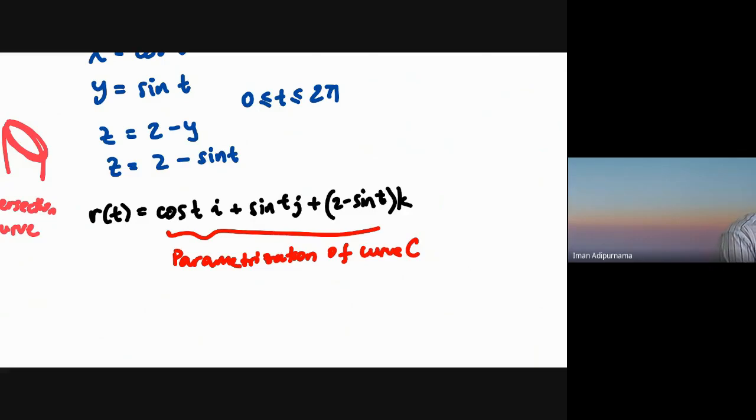What you need to do is find the parametric equation of each of the three axes, and then you can imagine how the drawing looks like, and basically that's it. Okay, this is all the intro for vector functions and space curves.